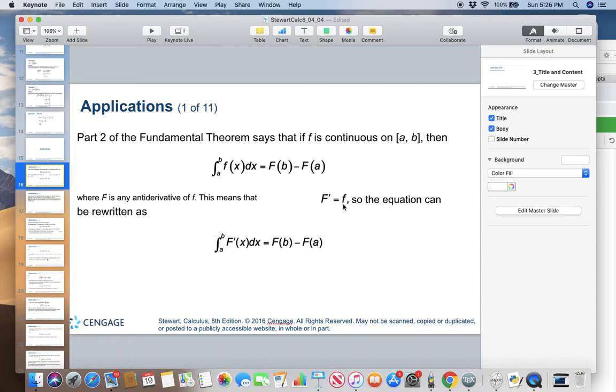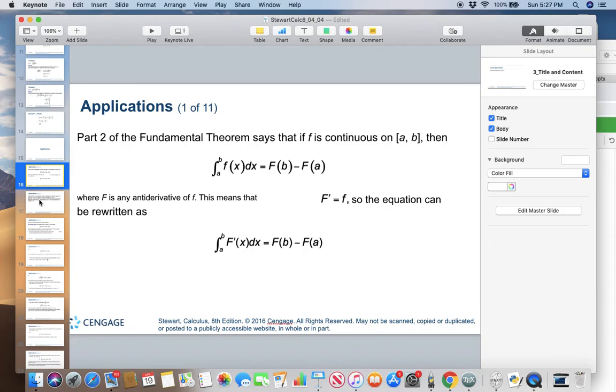This means that capital F prime is little f, so the equation can be rewritten. Instead of little f, simply write capital F prime, because little f is capital F prime. So that's all, we have rewritten it.